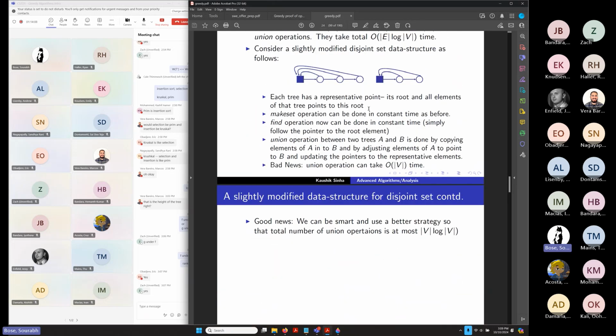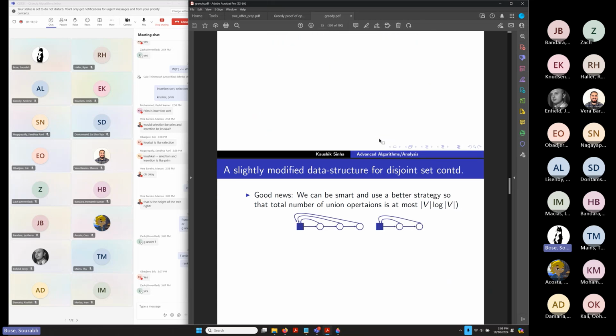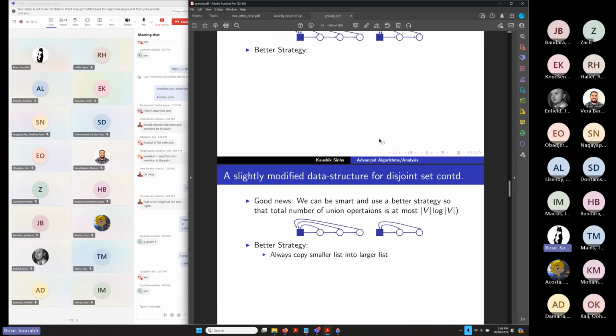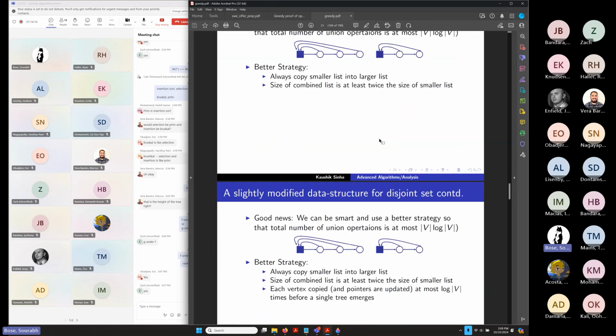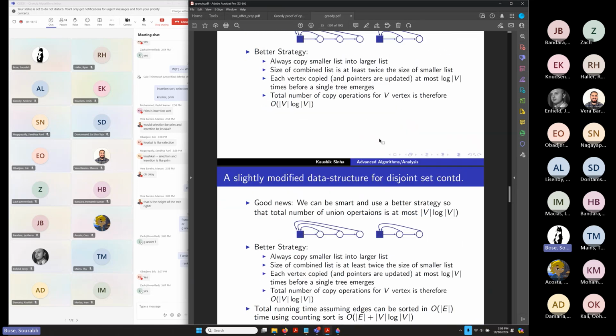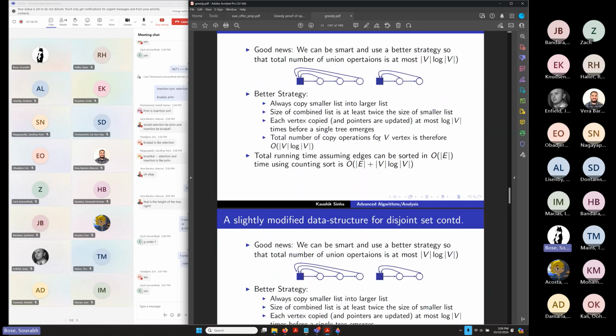And union is also easy enough. It's just merging those two. So we can make some more optimizations to implement this particular thing. And overall, this is the time complexity of this thing. We are going to go over the time complexity analysis more properly. Today, we are just discussing the overall view of the thing.